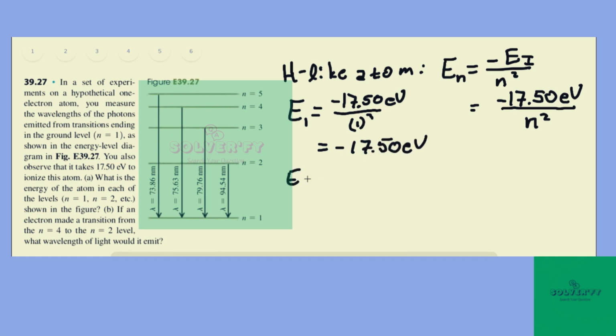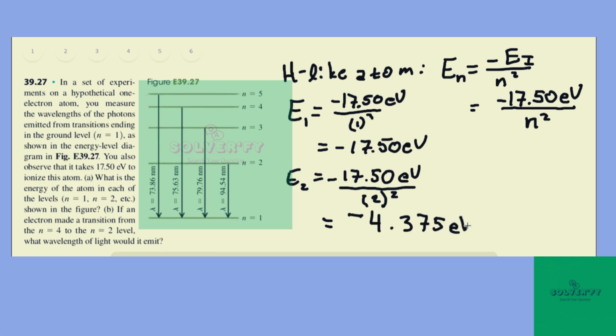And E2 is equal to negative 17.50 electron volts divided by 2 squared, which is just negative 4.375 electron volts.